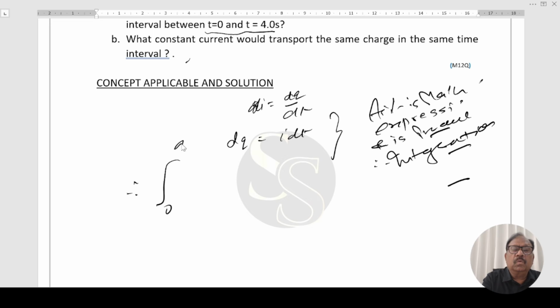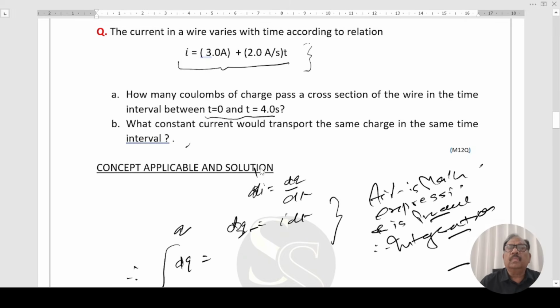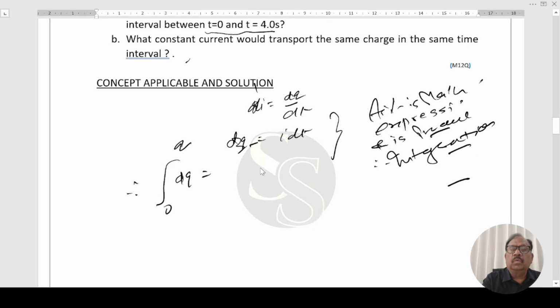Therefore, integral from 0 to q of dq equal to integral of (3 plus 2t) dt from 0 to 4 seconds.